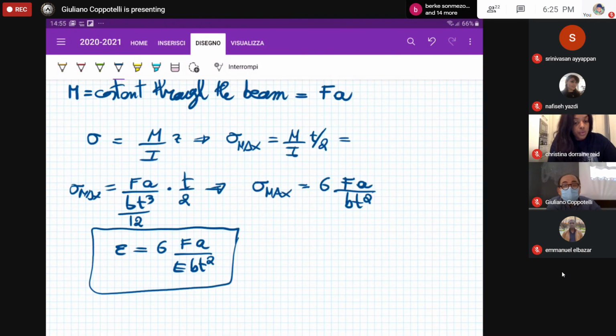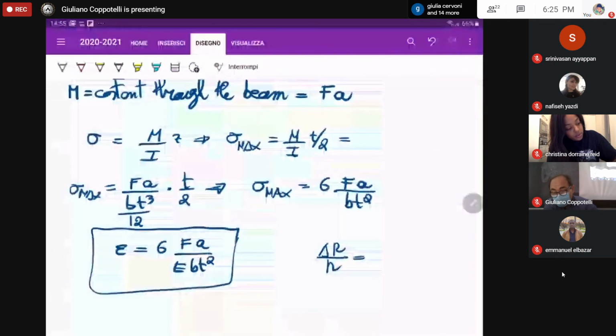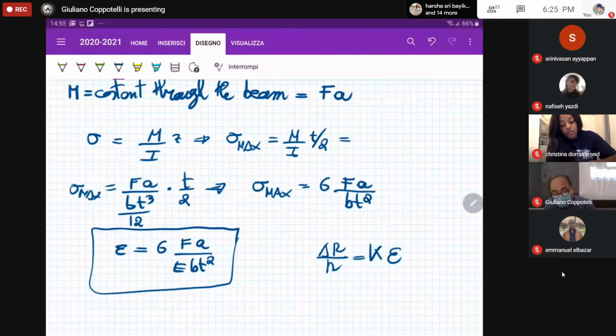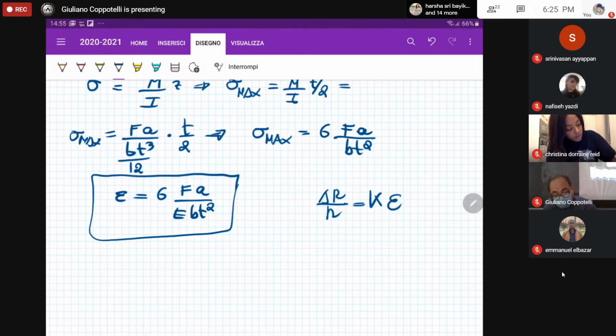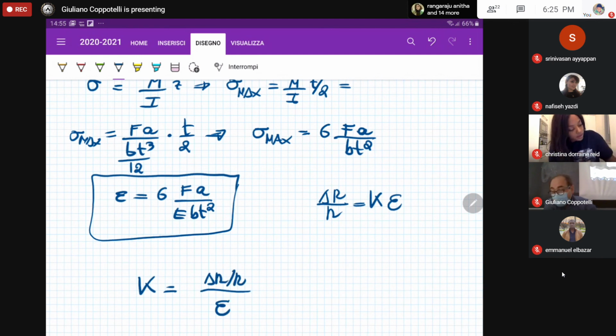Okay. How about the strain gauges now? How about the K factor? Remember, we have just found out that the change of resistance with respect to the reference resistor is given by K epsilon. So the strain gauge factor K is given by dR over R with respect to epsilon.